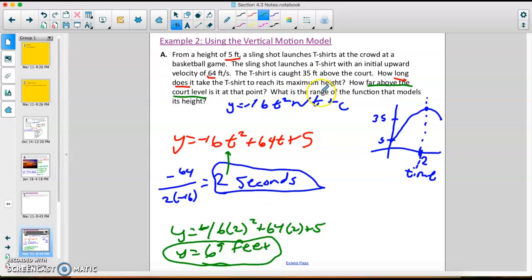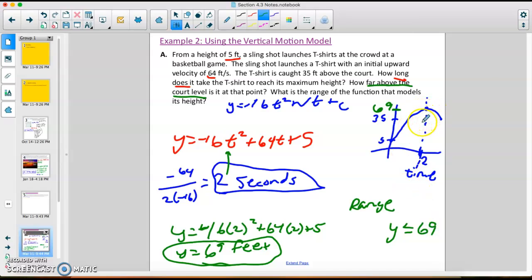Okay, and the third, what is the range of the function that models its height? So, its max height up here. Again, my graph's not accurate, but its max height was 69 feet after 2 seconds. And so what's our range? Our range has to be less than or equal to 69, because that was its max height.